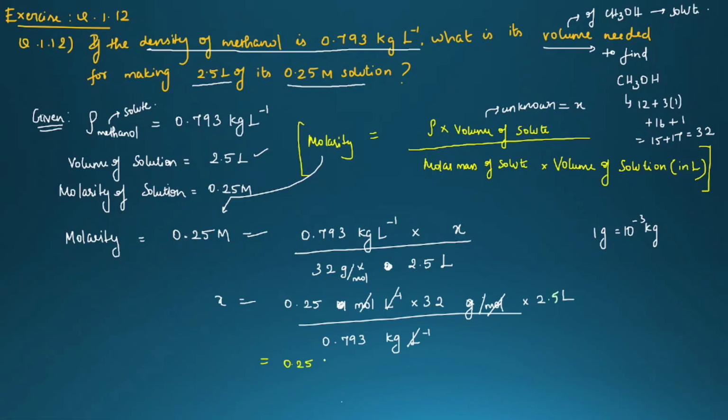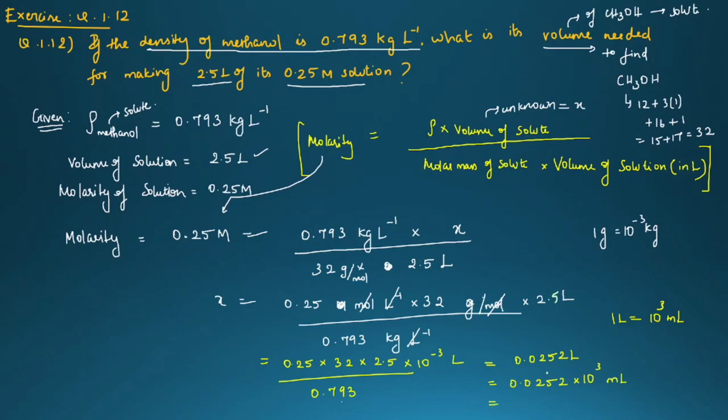Here let's strike out all the units which can be cancelled out. So we'll get 0.25 into 32 into 2.5 into 10 power minus 3 liters. We write 10 power minus 3 because we are converting grams to kilograms, which gives 0.0252 liters. 1 liter is nothing but 10 power 3 milliliters, so we can write 0.0252 into 10 power 3 milliliters.